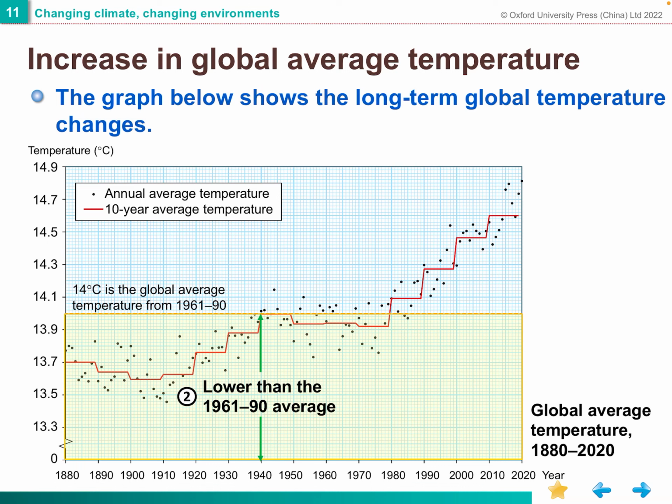That means in the past, our temperature actually was cooler, but in recent time, our temperature is warmer. Please mark down number 2 on your notes or textbook: lower than the average. The average is from 1961 to 1990.